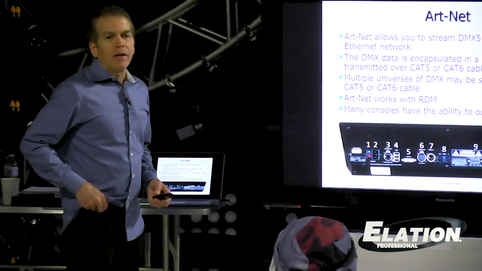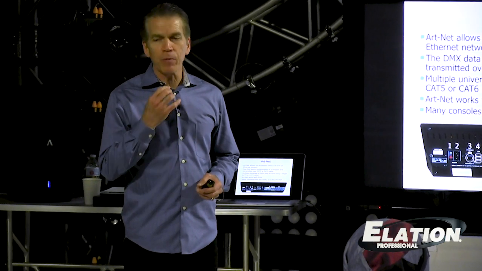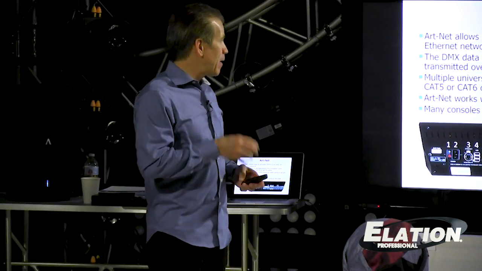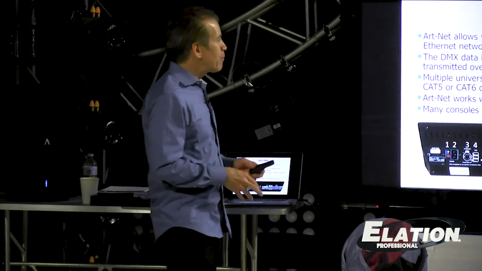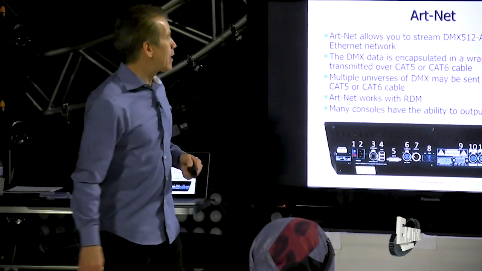So let's talk about Ethernet-based protocols, okay? So ArtNet, right now, there are 4 versions of ArtNet. The first version came out in '98, and then we had ArtNet 2, ArtNet 3, and ArtNet 4 came out in December of 2017. But the whole idea behind ArtNet is that it allows you to send DMX over an Ethernet network.